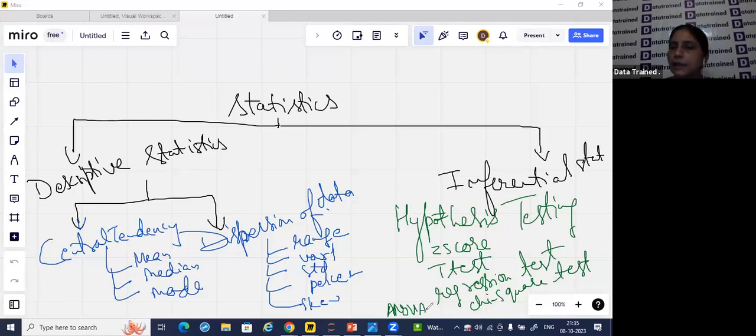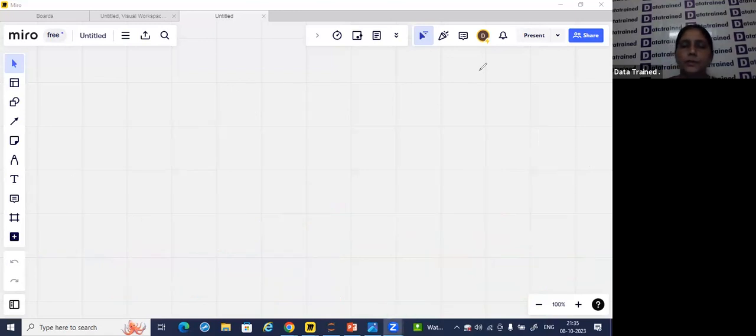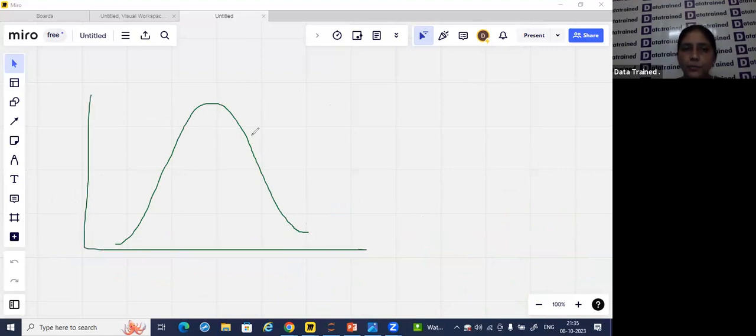Actually, let's understand how the inferential statistics work. I was talking about a few of the things yesterday also. Can you tell me what is this distribution? If I'm having such type of distribution, what type of distribution is it?